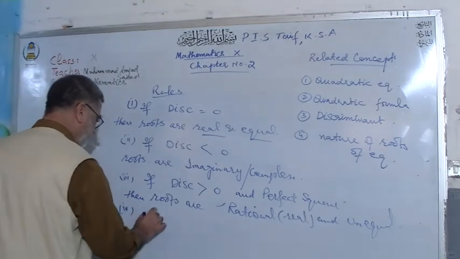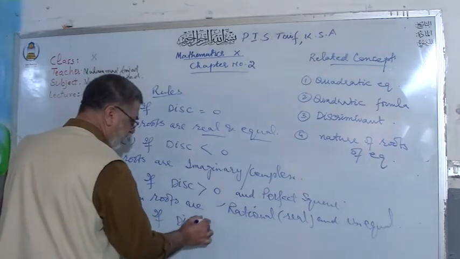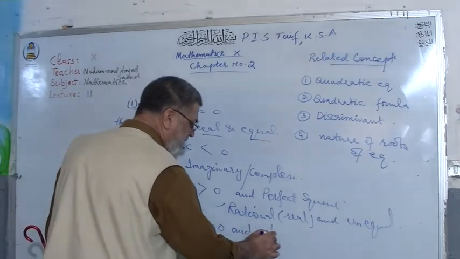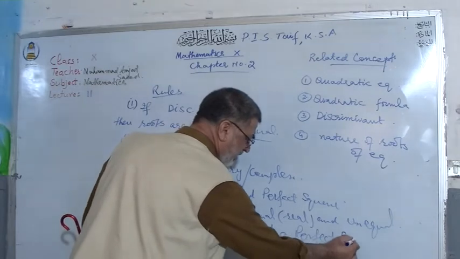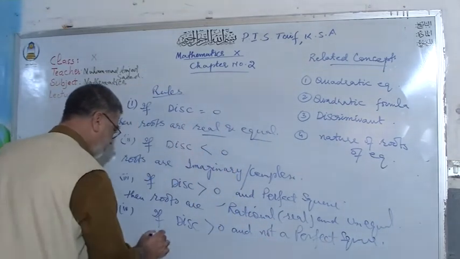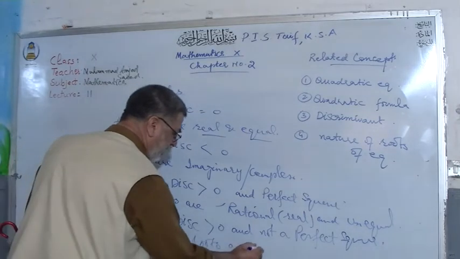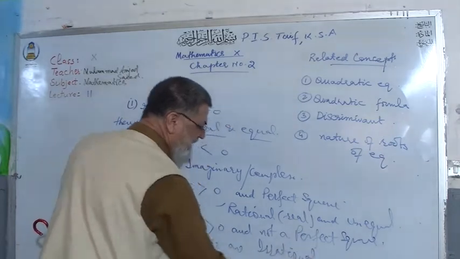Number 4, if disc is greater than 0 and not a perfect square, then roots are irrational and unequal.